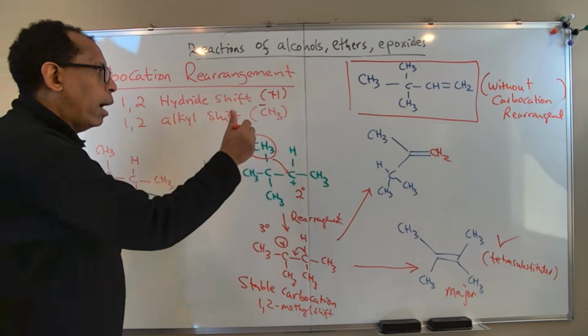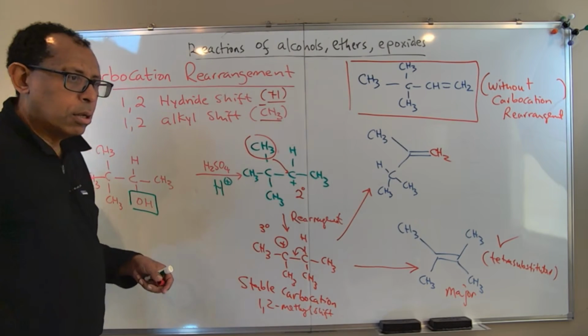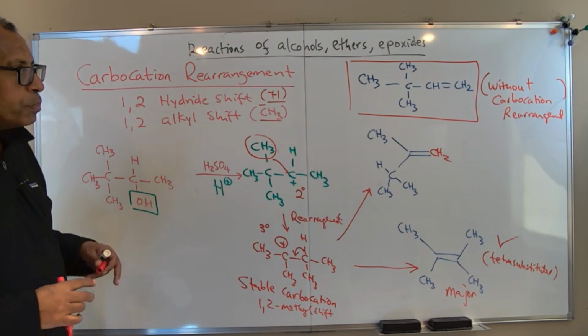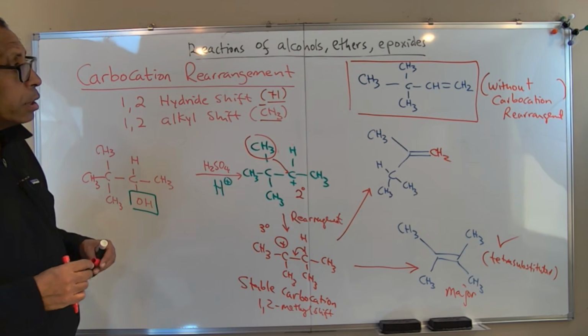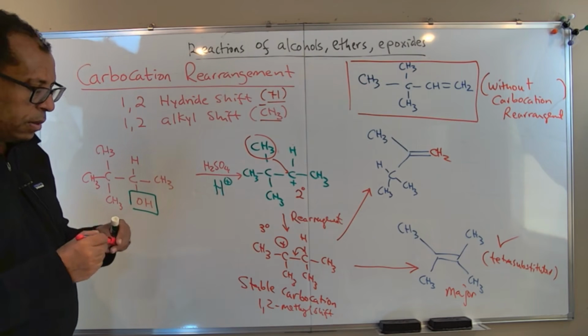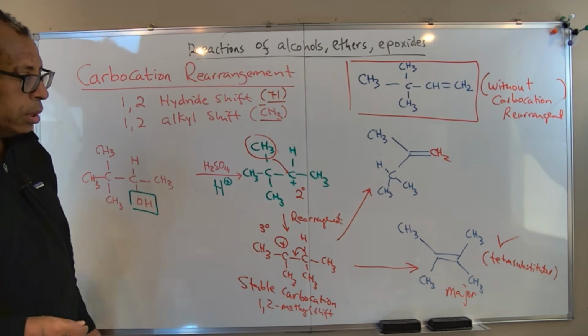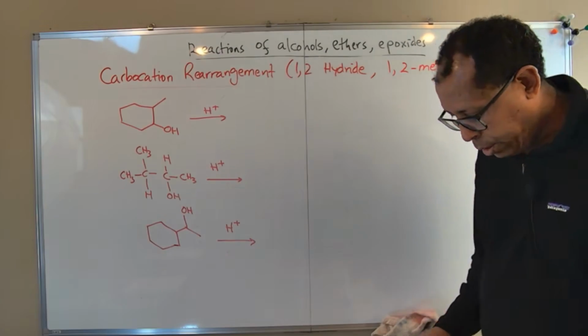So it's either a methyl shift or a hydride shift to make a tertiary carbocation. So I'll give you more examples on the carbocation rearrangement, for example, by having a hydride shift to make a tertiary carbocation. Okay, let's elaborate more on carbocation rearrangement.